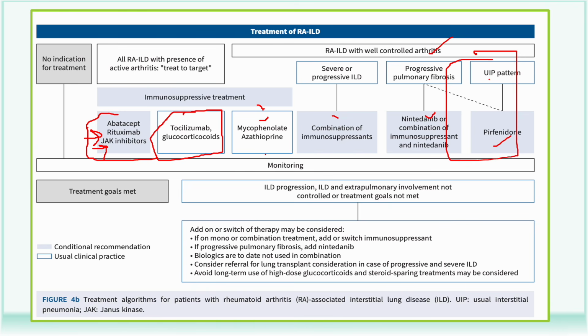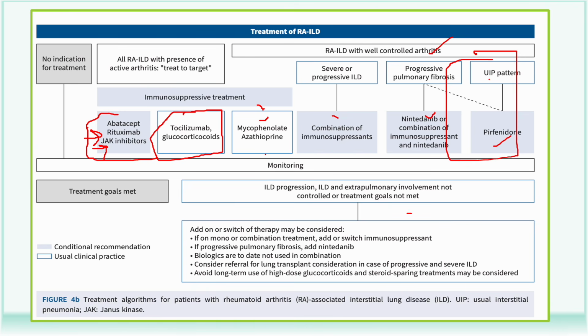So, specific to rheumatoid arthritis, the EULAR suggests pirfenidone for patients exhibiting a UIP pattern on an HRCT. This is again a very clear first line consensus for pirfenidone, which was faintly mentioned in the 2023 guideline, but now it's made very, very clear.